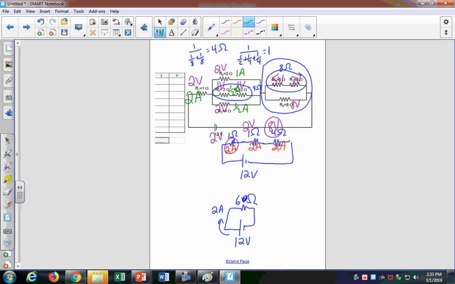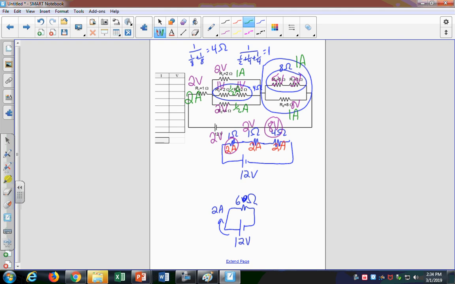I can check to make sure that I've done that correctly because 2 is equal to 1 plus a half plus a half. That's my junction rule. And then over here on this last branch, I know I'm going to have 1 amp and 1 amp, which again is the same as 2. When I have identical resistors in parallel, they have the same voltage anyway, and if they're the same resistors, they'll have the same current. So you can just split up the current identically.